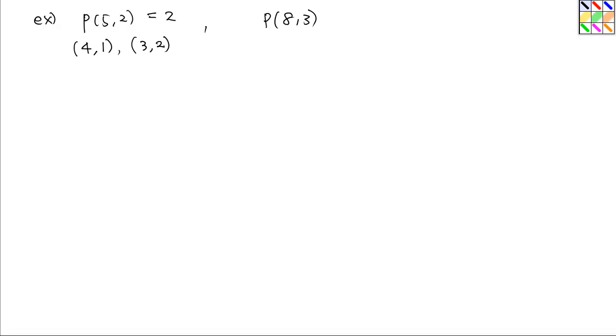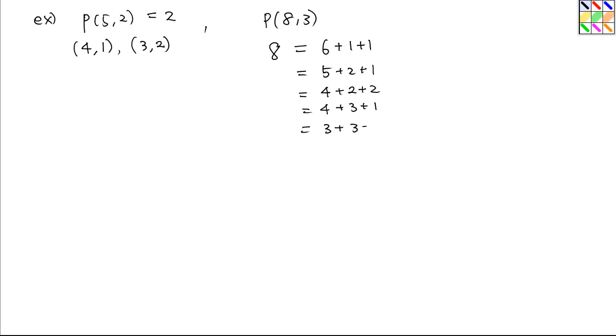So let me write 8 as a sum of 3 integers. It can be 6 plus 1 plus 1, or 5 plus 2 plus 1, or 4 plus 2 plus 2, 4 plus 3 plus 1, or 3 plus 3 plus 2.